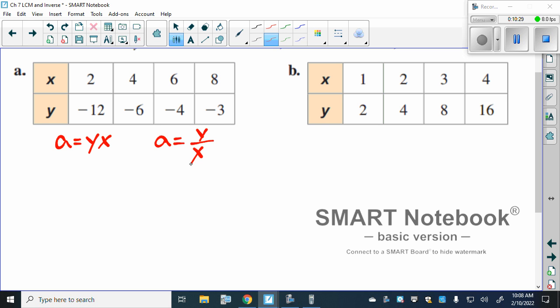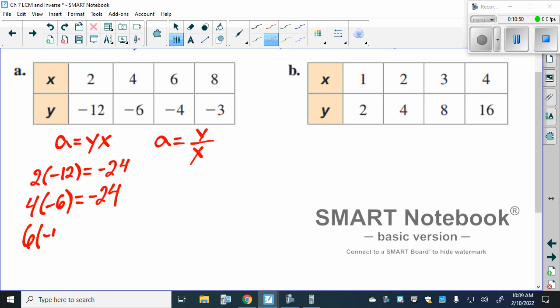So for a, we can multiply, try that first, and do 2 times negative 12. And 2 times negative 12 is negative 24. 4 times negative 6 is, and 6 times negative 4 is negative 24.